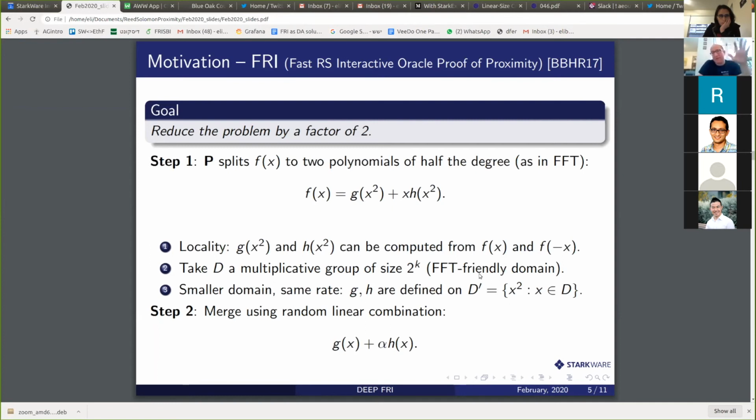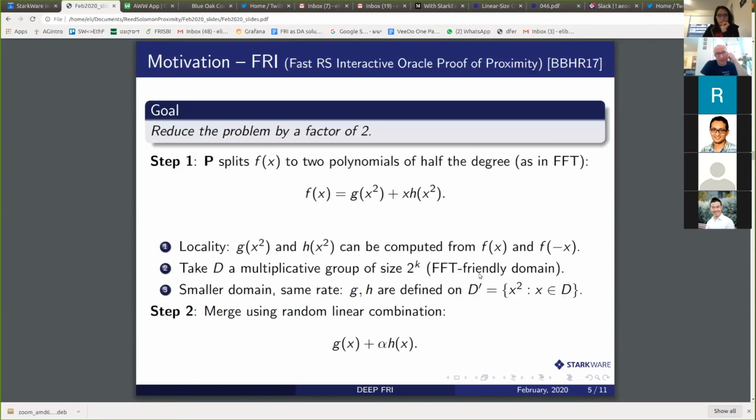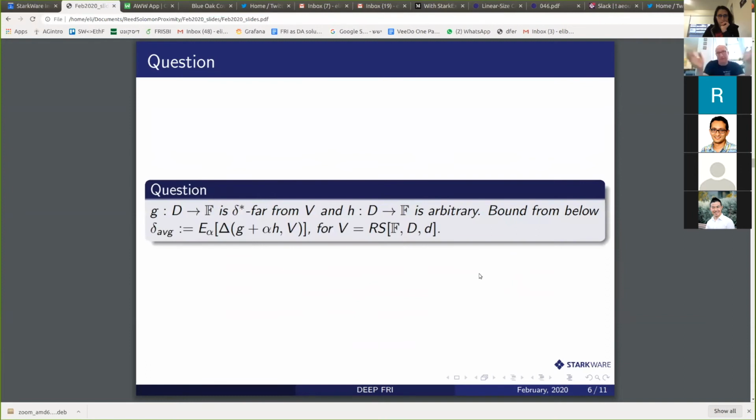Not easy, but doable. Soundness is the tricky part. But now you see that to analyze soundness, it's exactly the question that we started with, right? Because here we had G and a random combination of G and H, and we would like to say that if one of them was far, then all of these linear combinations will be far, right? And that's the question we go down to.